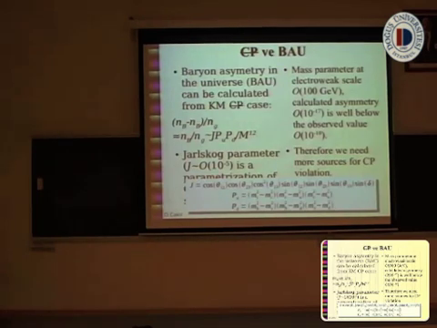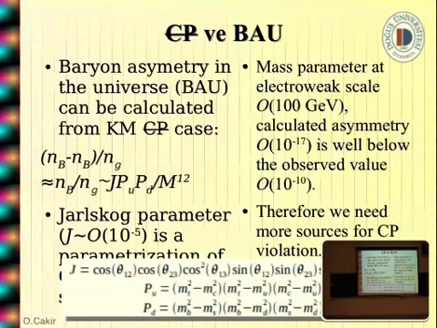The calculated one and the measured one do not match. So there should be some other sources of CP violation. In new physics theories, maybe there will be some suggestion for this discrepancy. Okay, that's all for my first lecture.